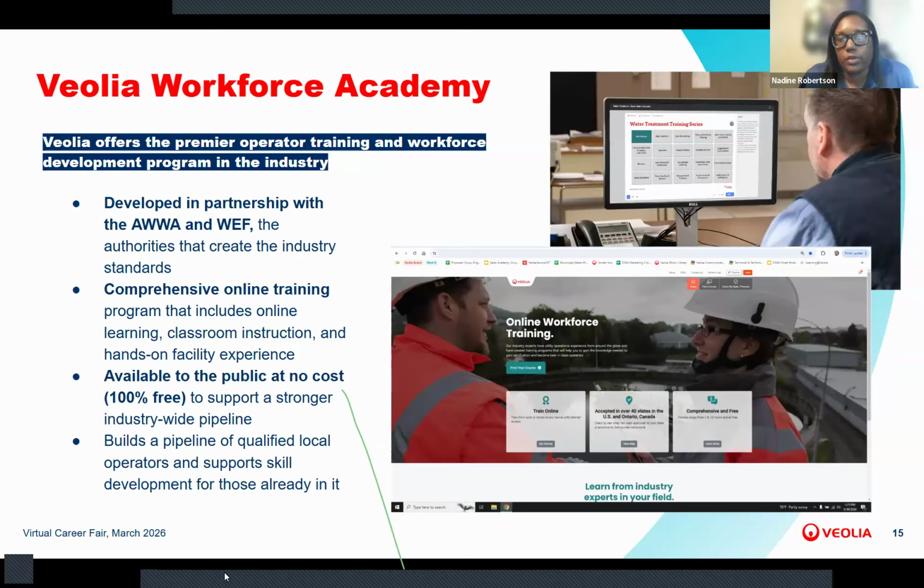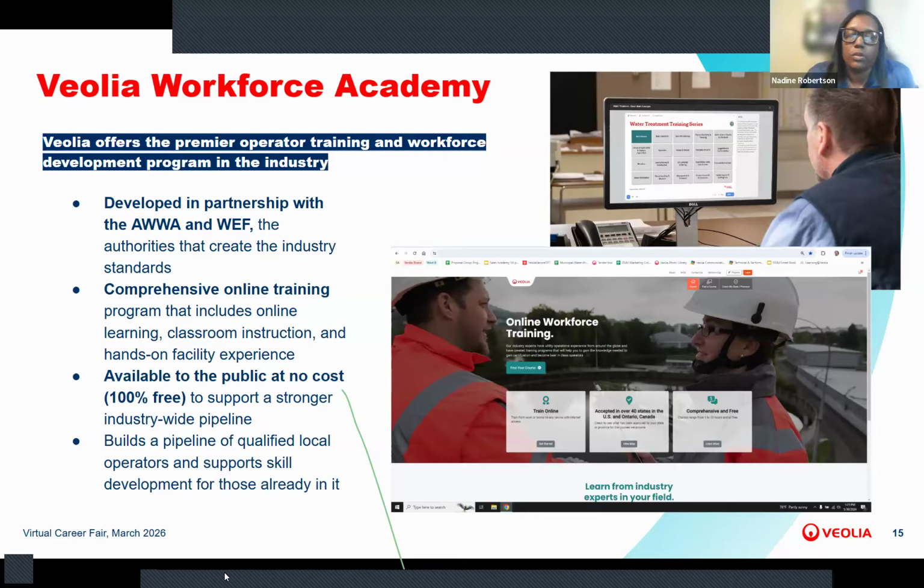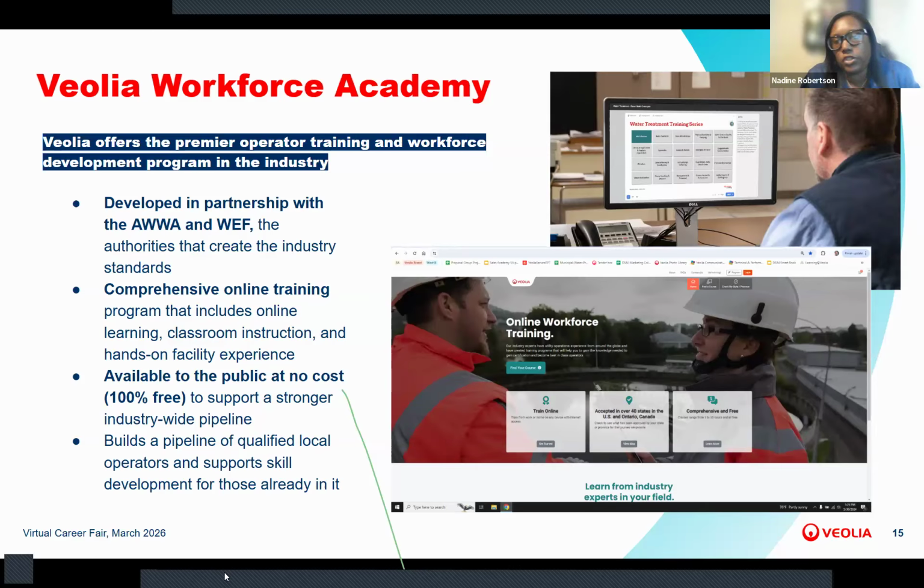To go through these modules, you do have to take quizzes at the end of each module and pass with about 70%. At the end of each module, you will be able to print out a certificate, which you can keep in your portfolio when you go on job interviews, as well as submit to the state for CEU hours to test as well as maintain your licenses, right?